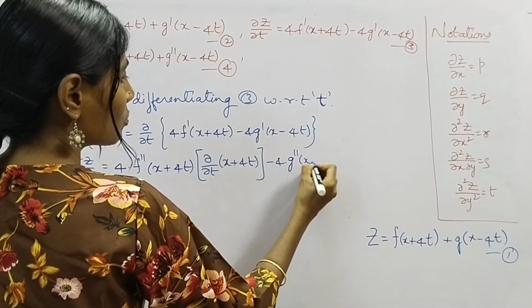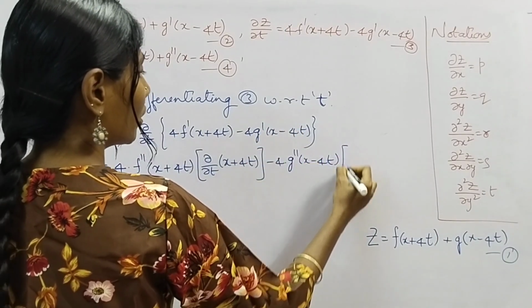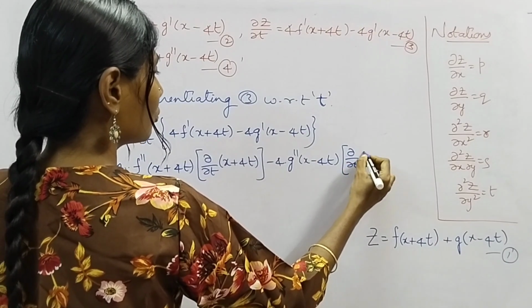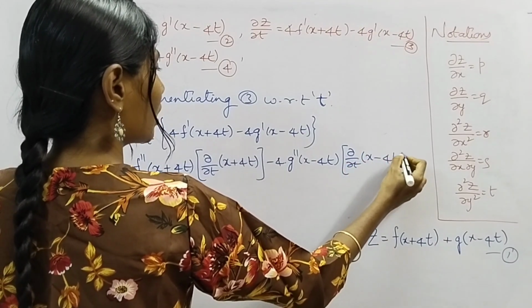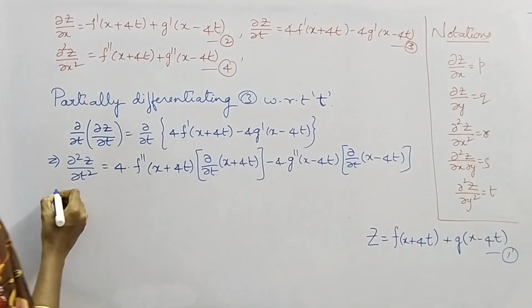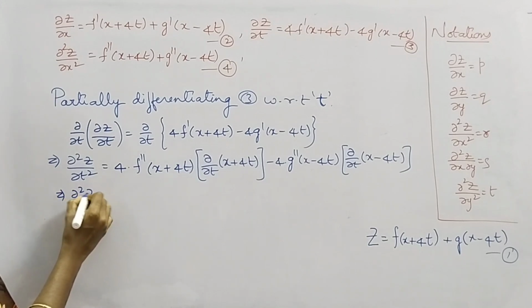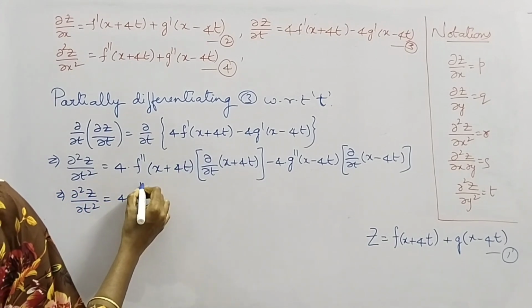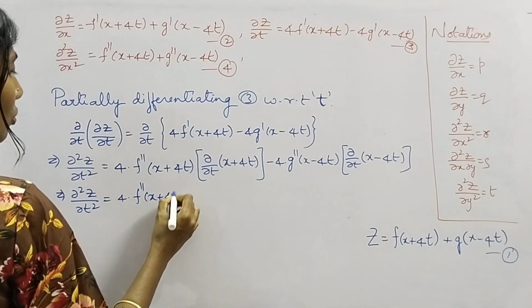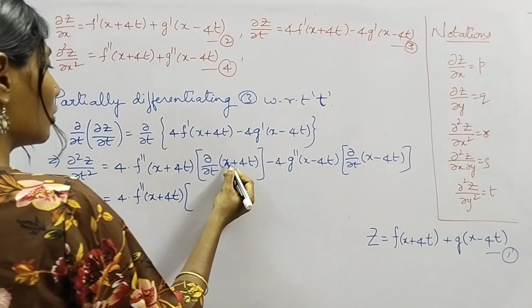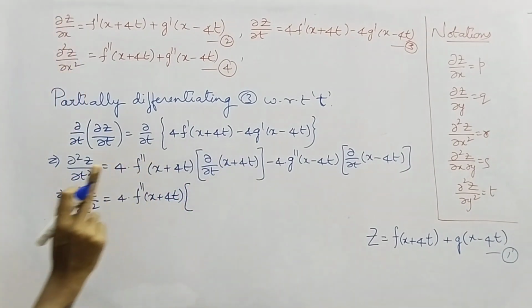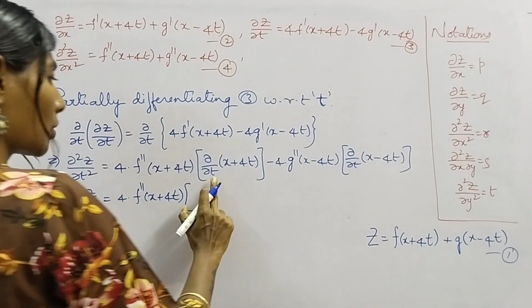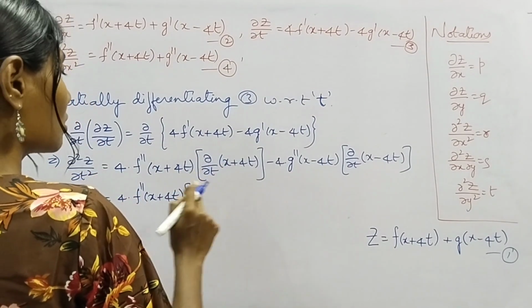G double dash of x minus 4t into the inner derivative, that is dou by dou t of x minus 4t, right? This gives us dou square z by dou t square equal to 4 into f double dash of x plus 4t into the partial derivative of x with respect to t. See, here we are partially differentiating with respect to t, so we'll treat x as constant.